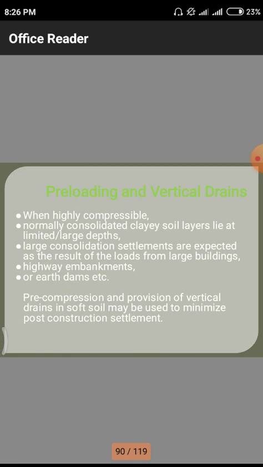To avoid those settlements, nowadays we are using lightweight structures: hollow core slabs and lightweight concrete materials like fly ash bricks, and lightweight steel structures like aluminum panels.